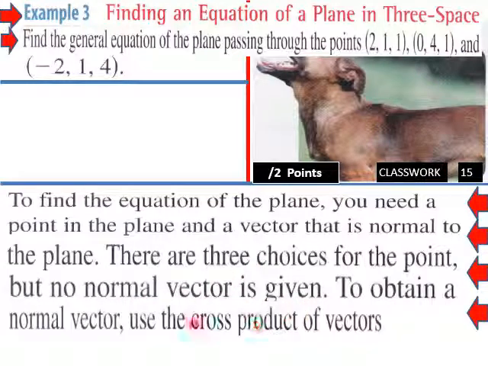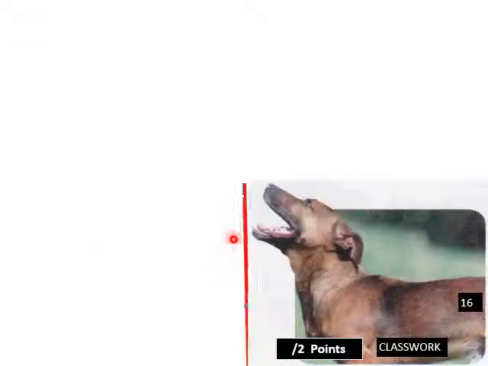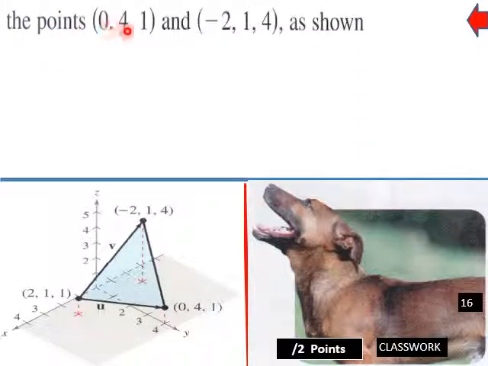To obtain a normal vector, use the cross product of vectors u and v extending from the point (2, 1, 1) to the points (0, 4, 1) and (-2, 1, 4).